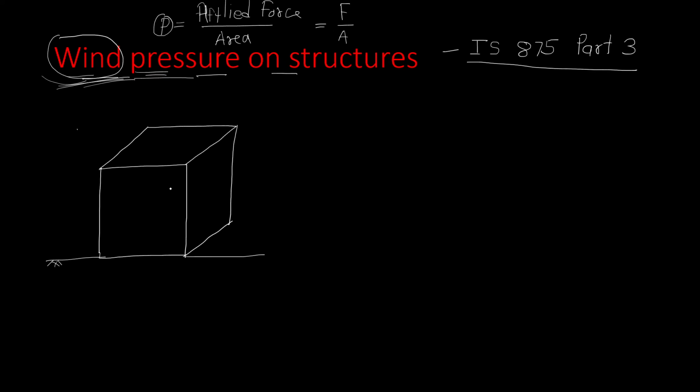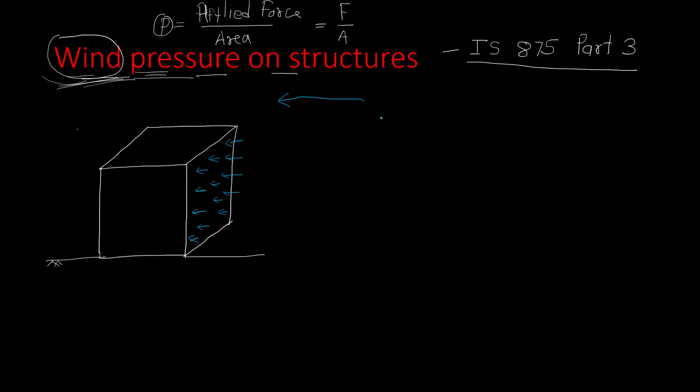Now on this high rise building, let's say there is a pressure which is acting, or wind is acting uniformly. ठीक आहे, आता हा जो arrow दाखवत आहे हा आहे wind pressure जो याच्यावर act होतोय. So the wind is flowing from this direction and the wind is applying a uniform pressure on the surface.